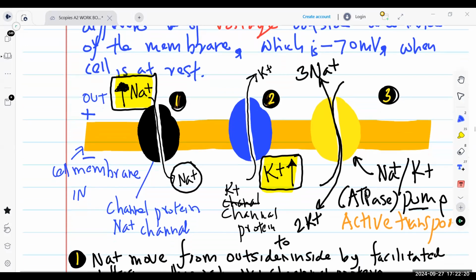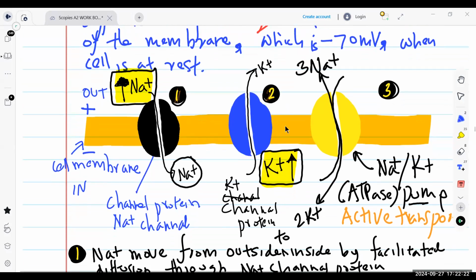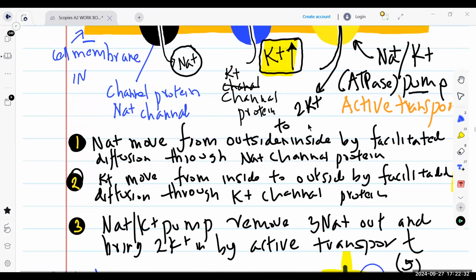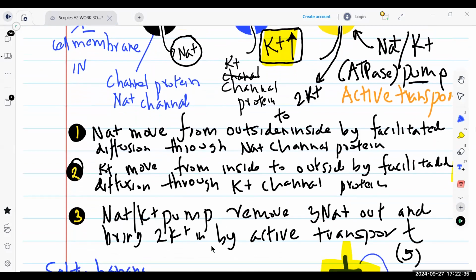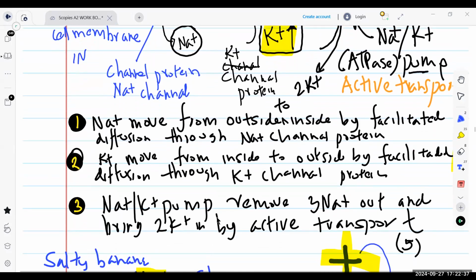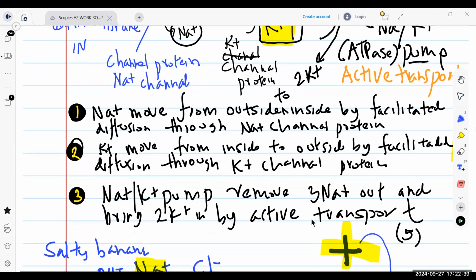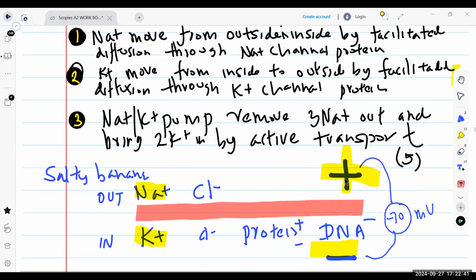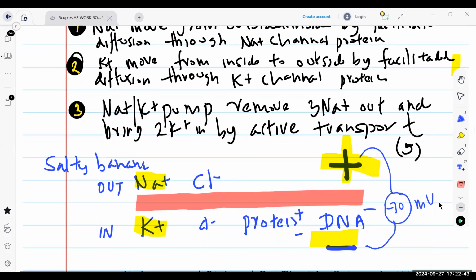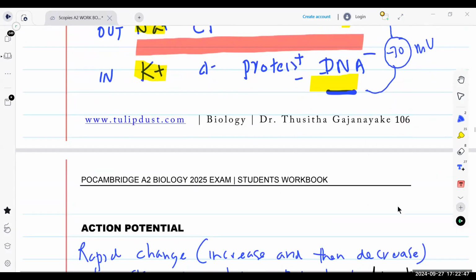As a result, when these three transporters operate at the same time, always outside sodium ion is high, inside potassium ion is high. And don't forget, compared to the other ions, when you take other ions, the net charge is outside positive, inside negative. That's a minus 70 millivolt, and that's a resting membrane potential.